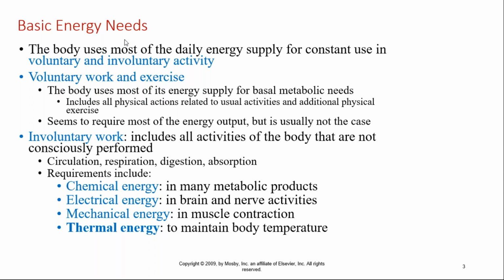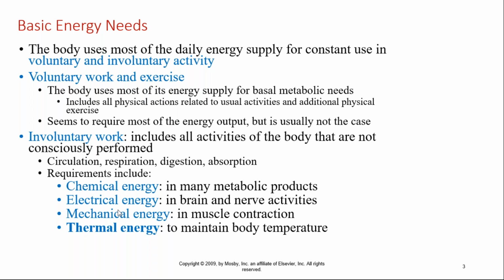The energy needs of the body we could divide into four. That is the chemical energy, which is the breakdown or use of many of the metabolic products. Electrical energy, which is used in the brain and nerve activities, that is the nerve impulse. Mechanical energy is in muscle contraction, when you do work, when you bend down, when you lie down, when you get up from the bed.